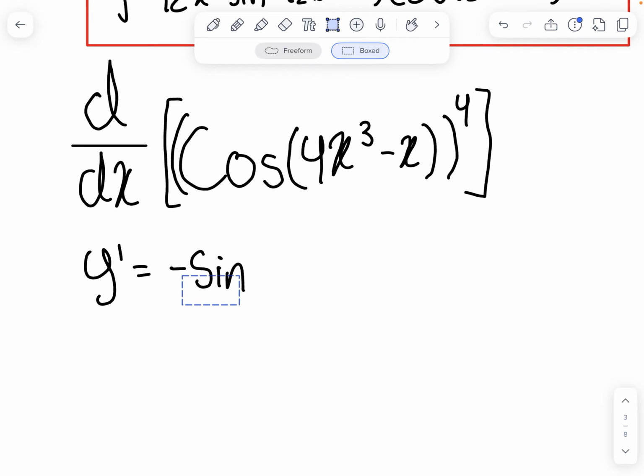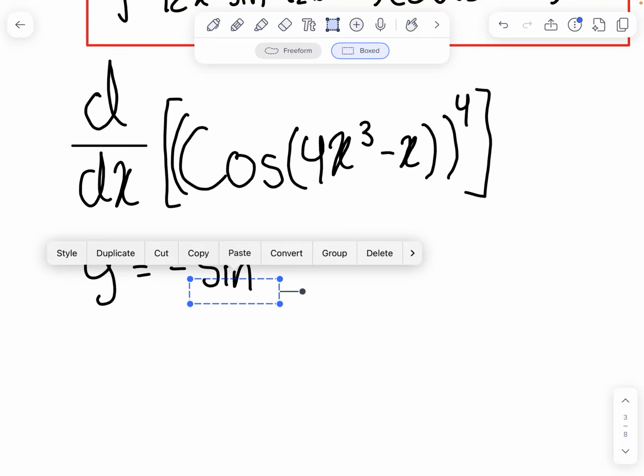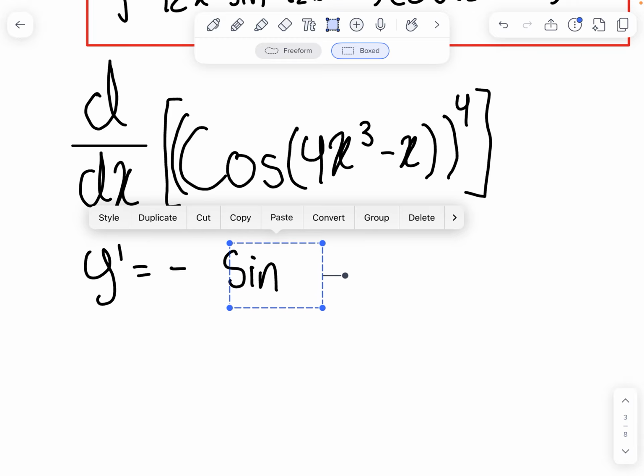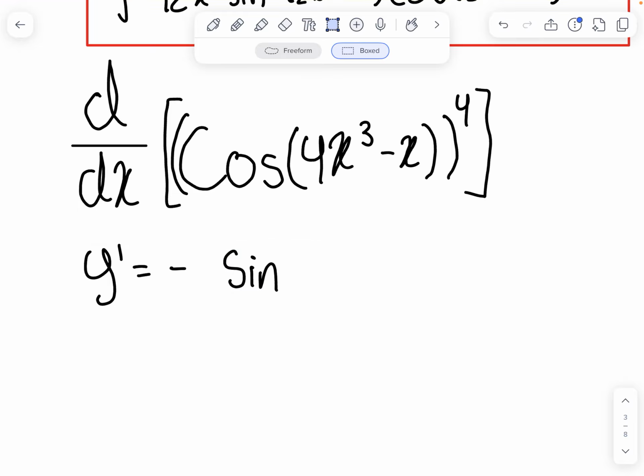So that means it'd actually be negative... Oh, okay, so I accidentally forgot that we had to apply the power rule. So we had to apply the power rule first.